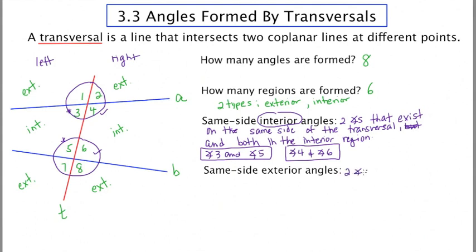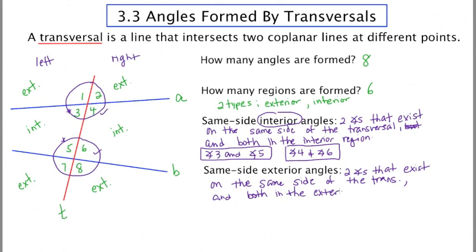So it's going to be two angles that exist on the same side of the transversal, and both in the exterior regions.